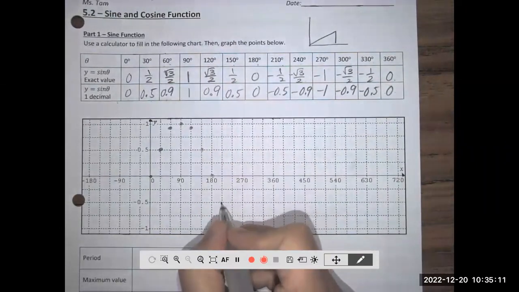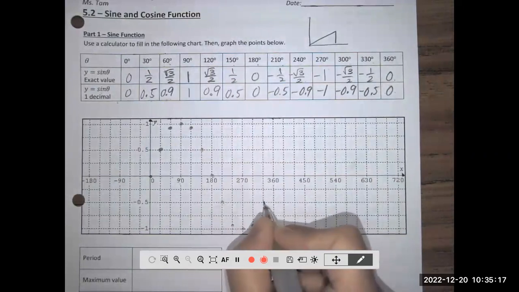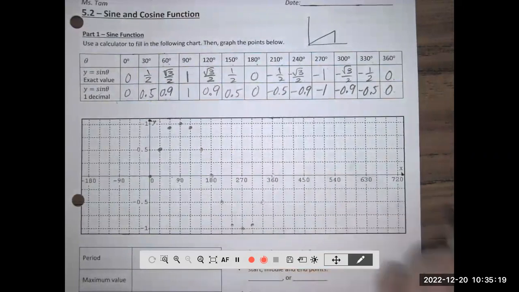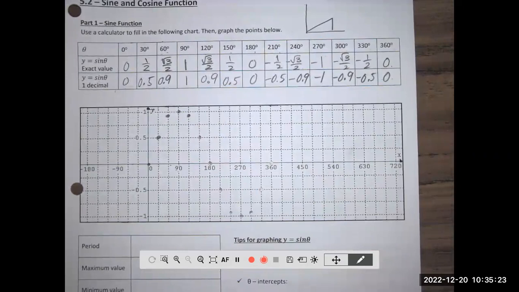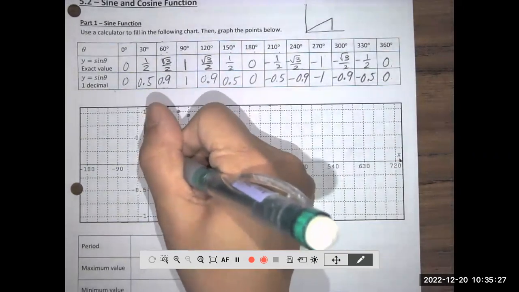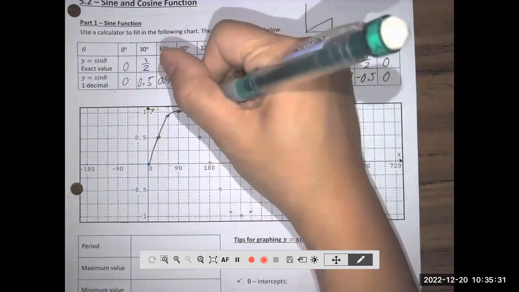Then negative 0.5, negative 0.9, negative 1, and we're just repeating that up to 360. Okay, so through those points, I want you to draw a smooth curve as best you can.